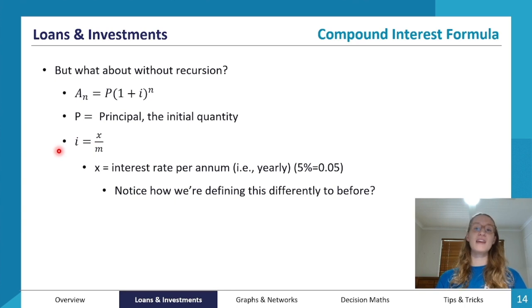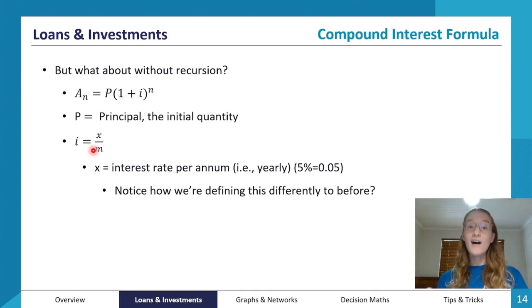But the most important thing is to remember and define what it is we're actually doing. So here, we're saying that I is equal to the decimal interest rate per annum divided by the number of compounding periods, like how we defined R before. We're just talking about it a little bit differently.